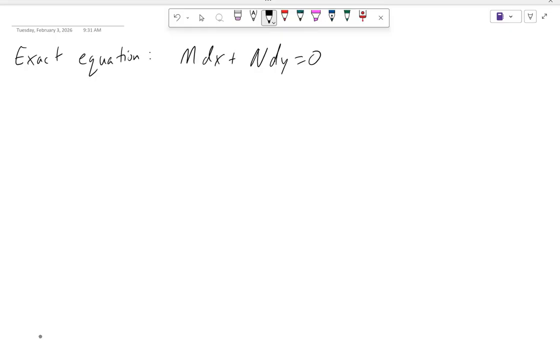So you've got M with the dx and the N with the dy equals 0. So again, we think of this left-hand side as hopefully a total differential of some function f of x, y.